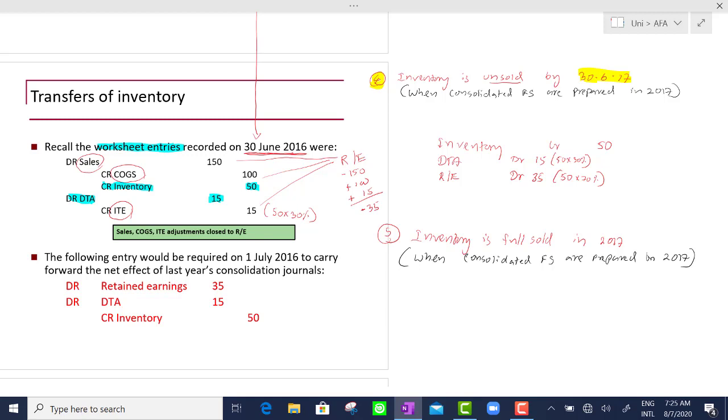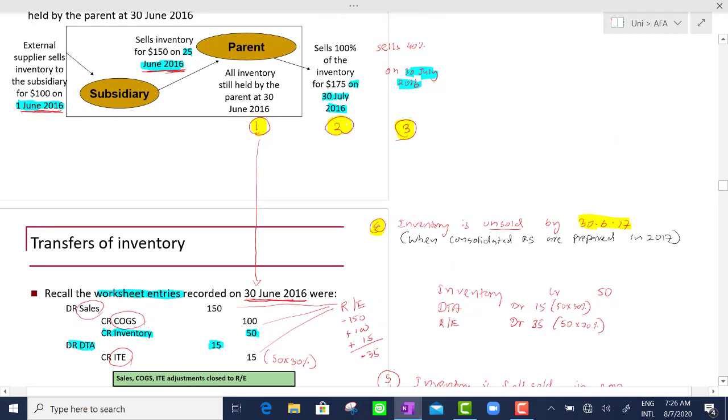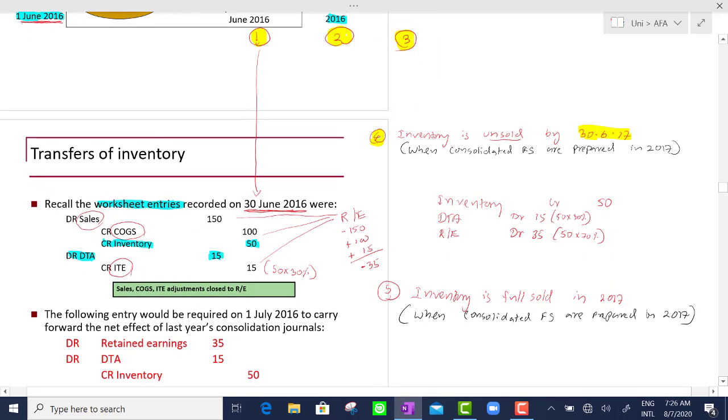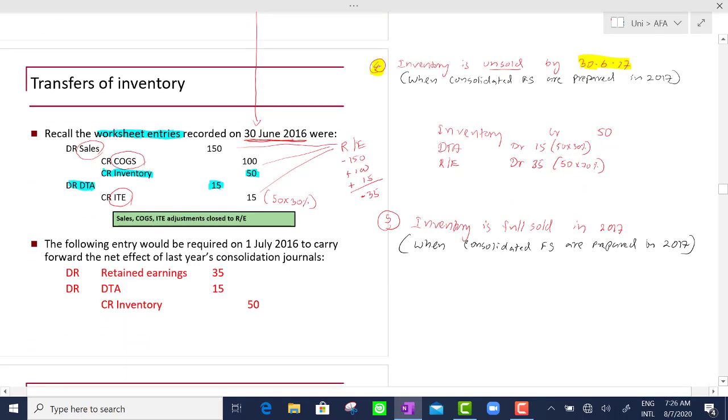If I show the diagram again, intercompany sales was done on 25th of June 2016.